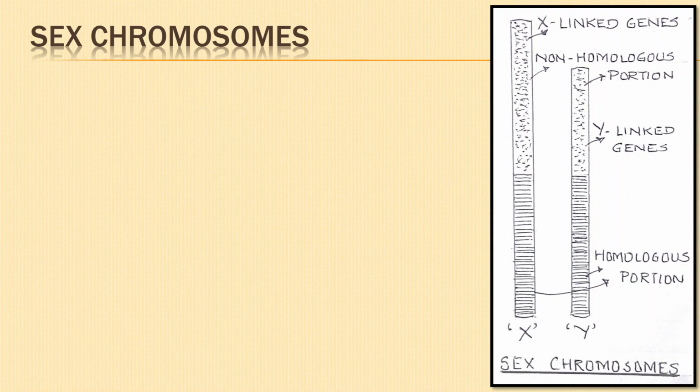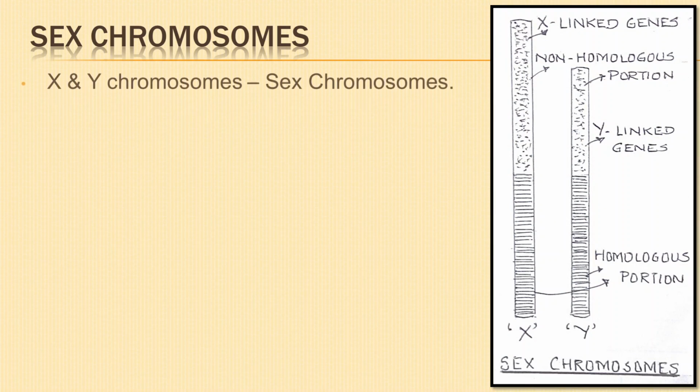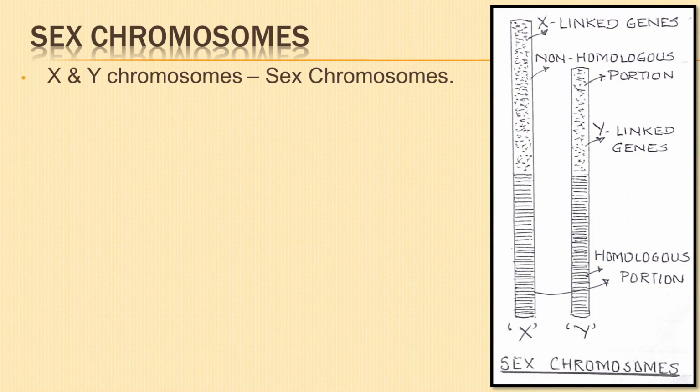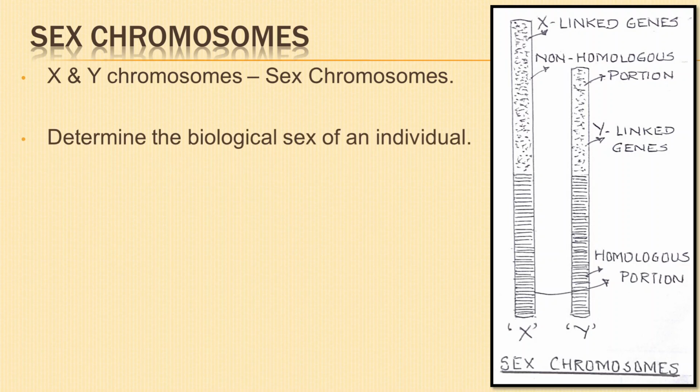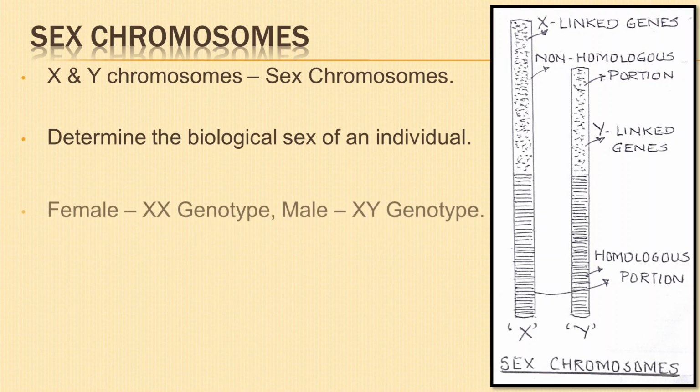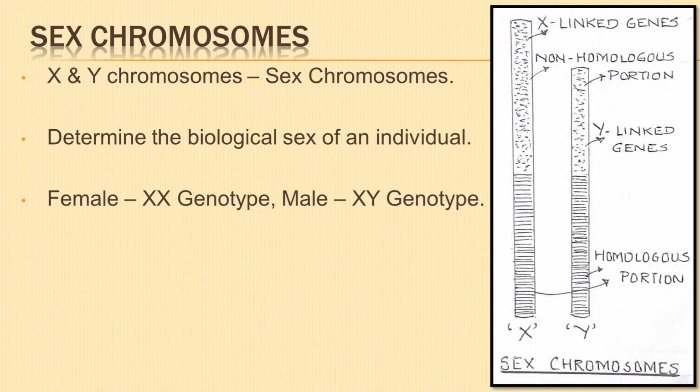Next are the sex chromosomes. In humans, X and Y chromosomes are the sex chromosomes. They determine the biological sex of an individual. Females inherit an X chromosome from the father for an XX genotype.